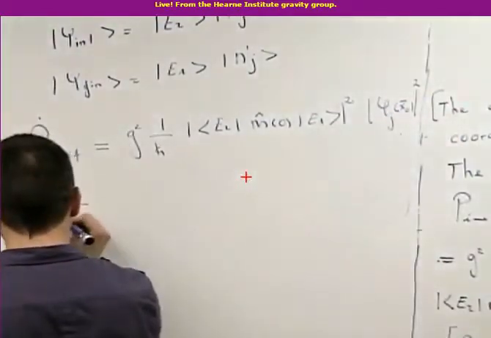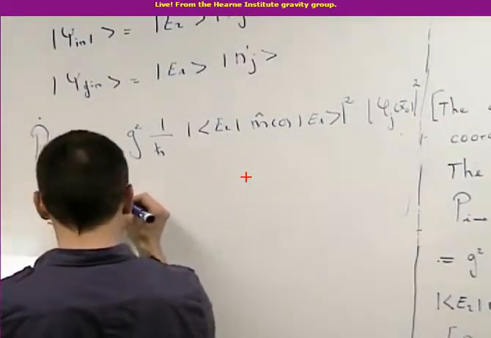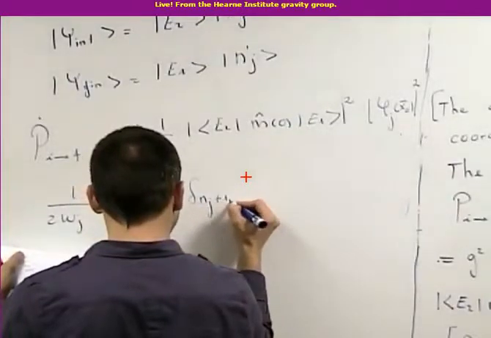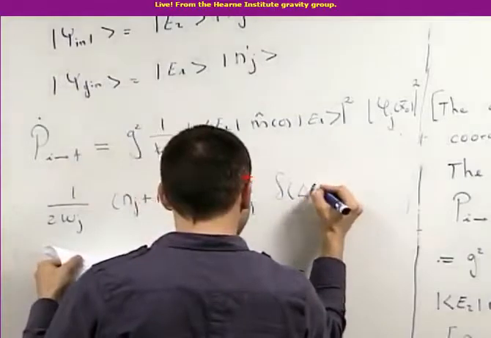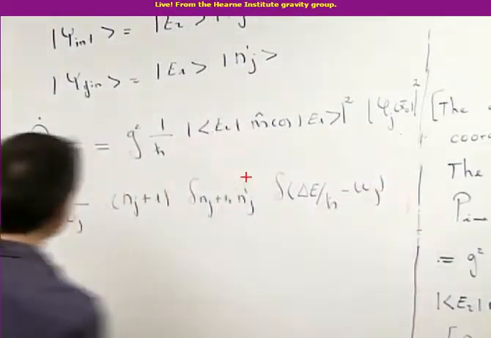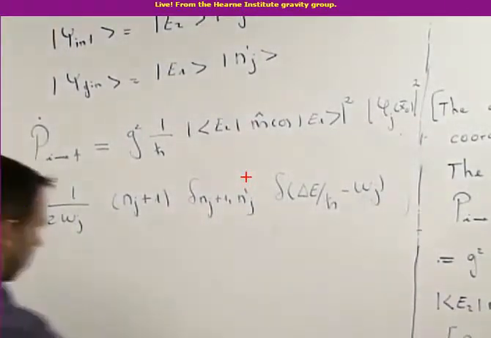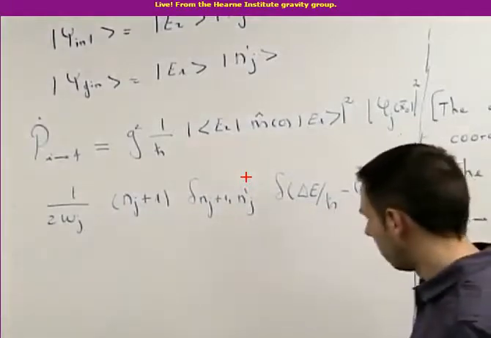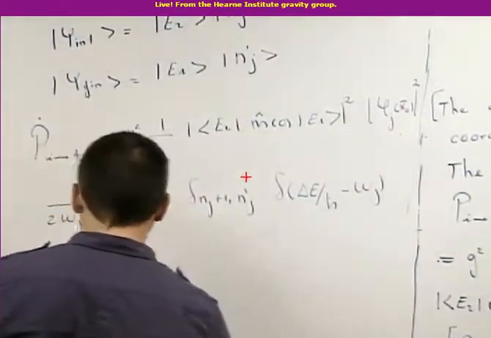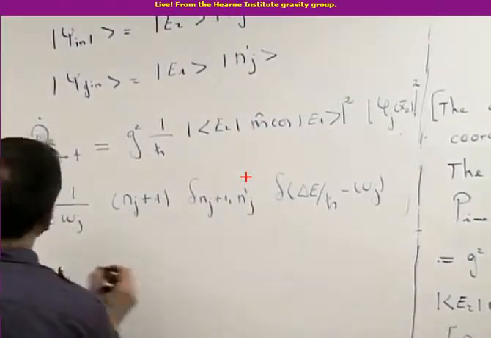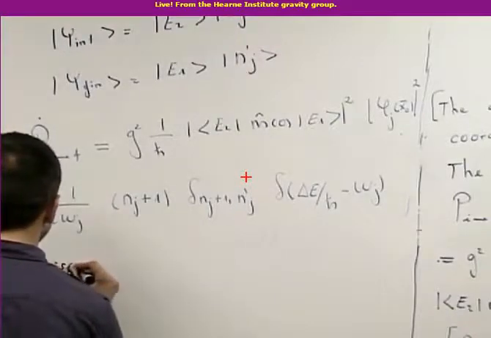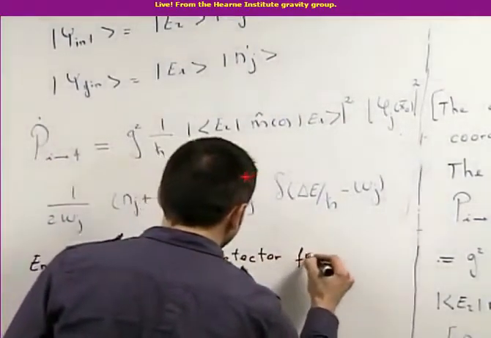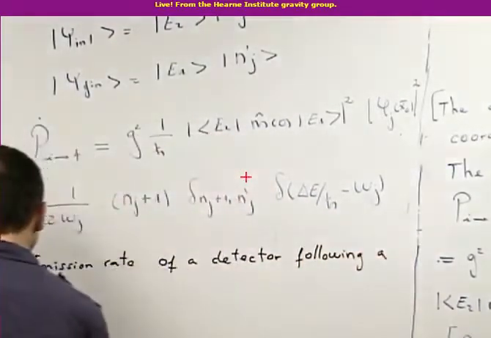And 1/2 omega j, and n_j plus 1, delta of n_j plus 1 and n prime_j. This is the emission rate of a detector following a Killing trajectory.